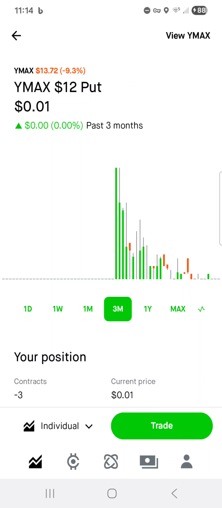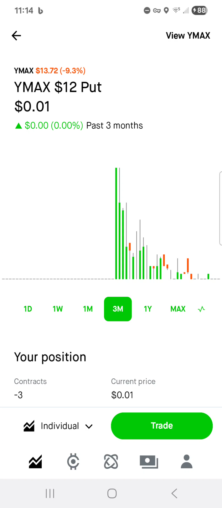And if I buy the $12 put, that means even if it does dip below $12, it's okay. I could exercise that put and force someone else at the other end of the deal to buy 100 shares at $12.